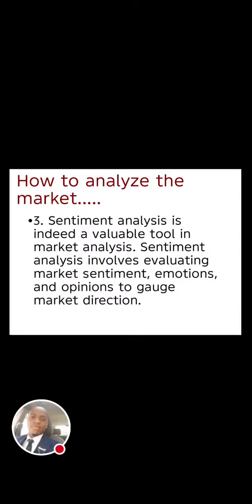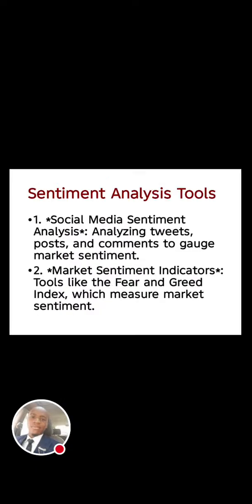Now, in sentiment analysis, I think the last time I was showing you how to check the fear and greed index. So the aspect of the fear and greed index I was showing you how to check is actually part of sentiment analysis.